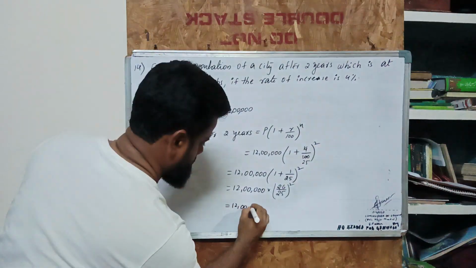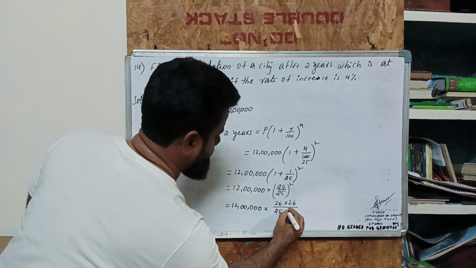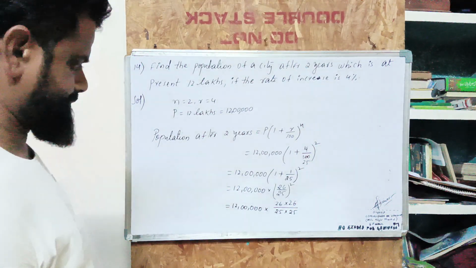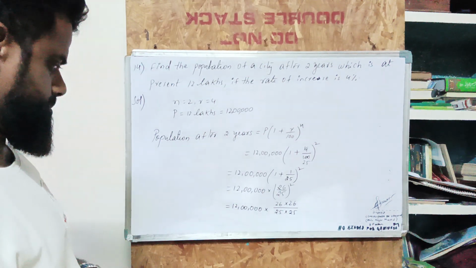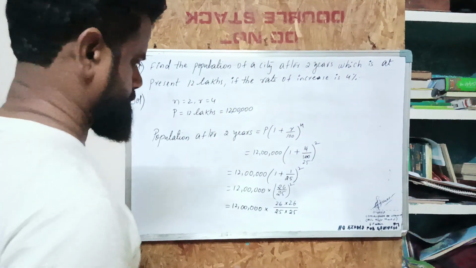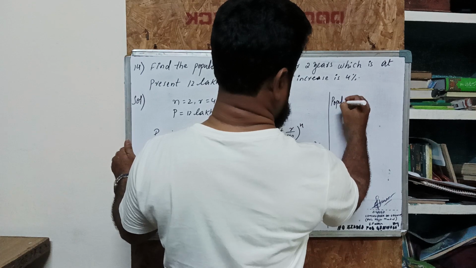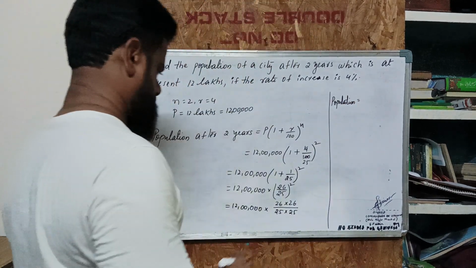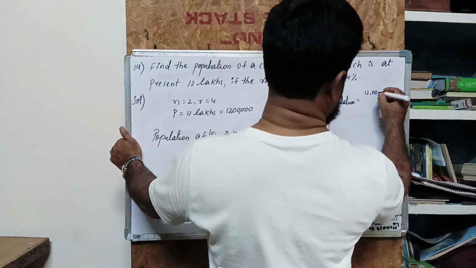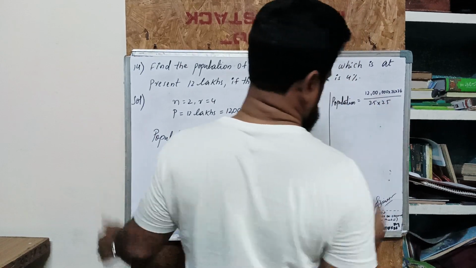So now 12,00,000 into 26 into 26 divided by 25 into 25.